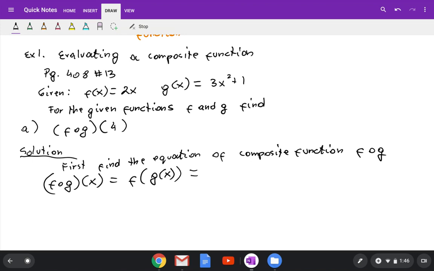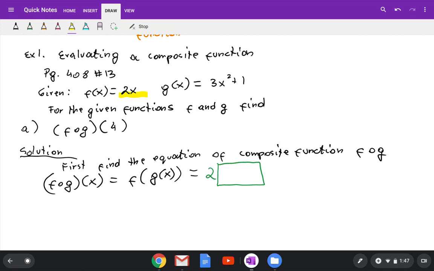f is the outside function. So what you're going to do, you're going to copy the equation of the outside function, which is 2x, and where you used to have x, I'm putting x. Okay, so this is the equation of function f. Function f, it's 2 times x. Now look what happened. You're replacing x with the equation of function g.